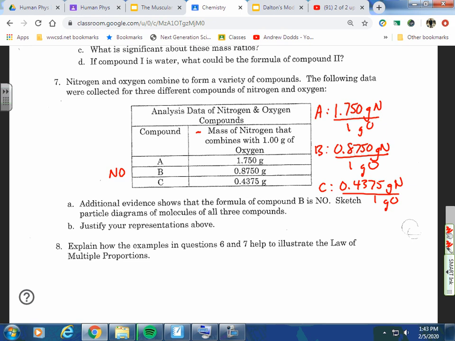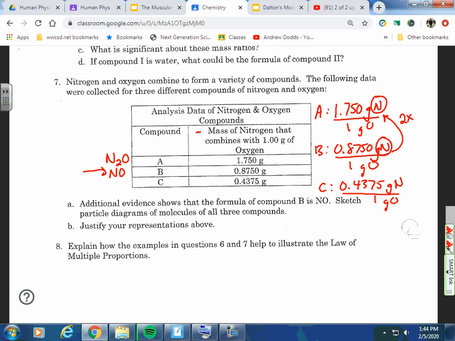And the first thing I notice is going from B to A is 2 times as big. And again, like we just did on the last problem, the thing that's actually changing is the nitrogen. So if I want to make the ratio twice as much for A, what I'm going to do is say instead of having just that 1 NO, I'm going to say A must have 2 N's. So it would be N2O, and that ratio would work out.